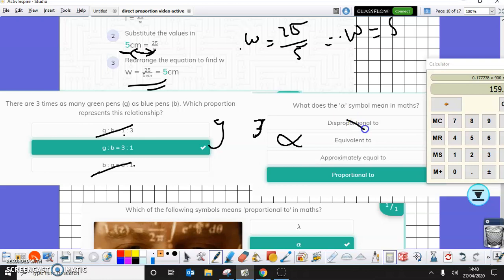It isn't disproportionate to, it isn't equivalent to. Equivalent is that little symbol. So proportionate to is the right answer.